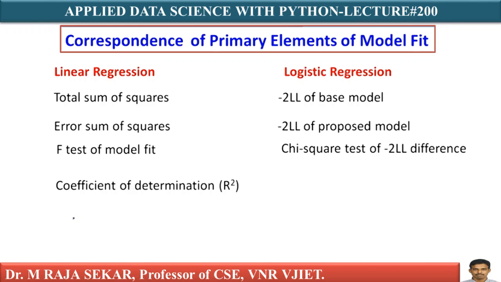What is my R squared value? My formula is SSR by SST. SSR is regression sum of squares, and SST means total sum of squares. Otherwise, I can say explained variance by total variance.